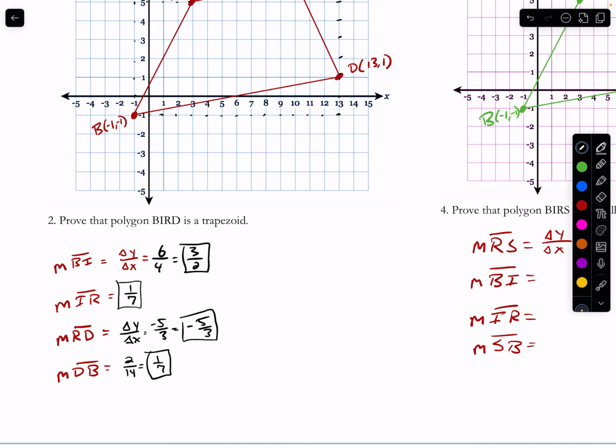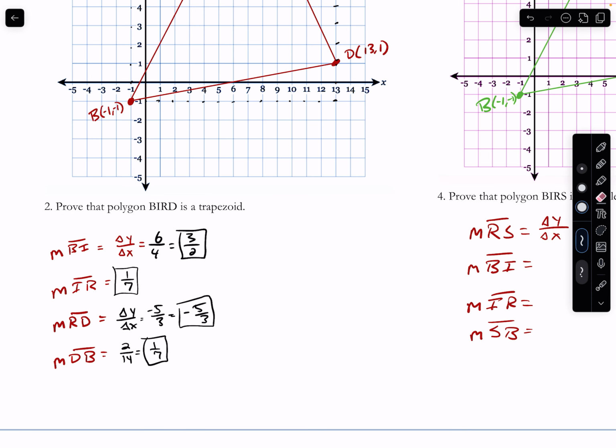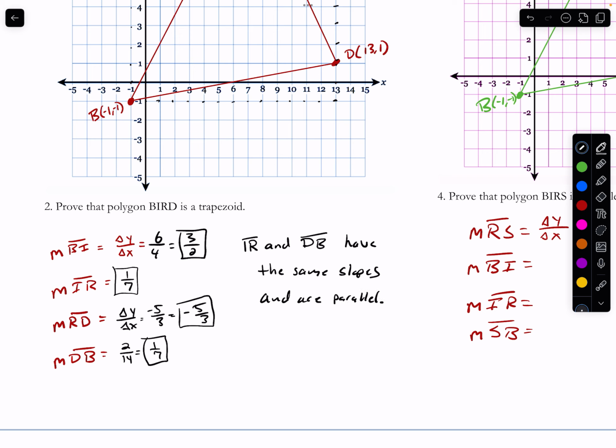So there we can see very clearly that since IR and DB have the same slopes, they are parallel. You can say that IR and DB have the same slopes and are parallel. And very clearly you can see that the other two slopes are different, which would make this shape a trapezoid.